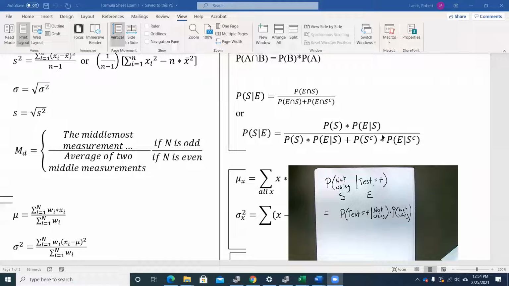Okay, now we can see it. I just wrote out that numerator, oh, sorry, I wrote it out of order. The probability of S should have been at the beginning, but it doesn't matter what order we multiply things in. All I was doing was writing out this numerator in the context of my example. Now notice, the first part of the denominator here is the same as my numerator.